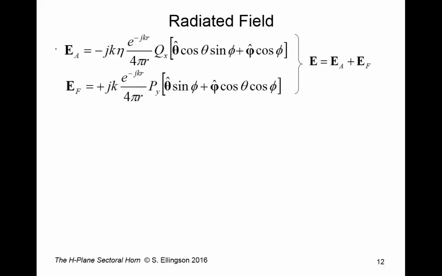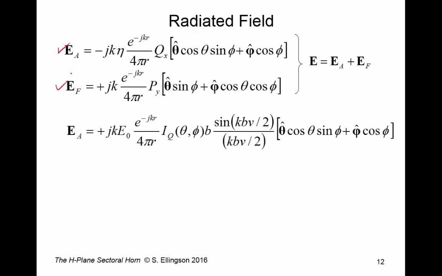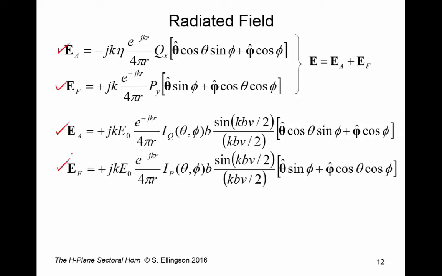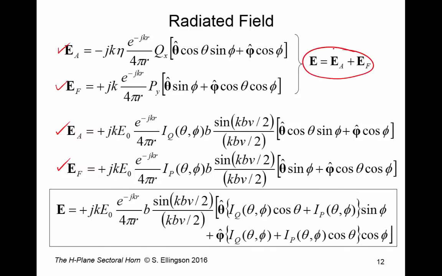So now I've got the electric field. I start making substitutions. I get that the electric field due to electric currents is this. The electric field due to magnetic currents is this. Now the total field is the sum of those two things, so the result looks like this. Plus jk E naught, where k is, as always, the wave number, 2 pi over lambda.